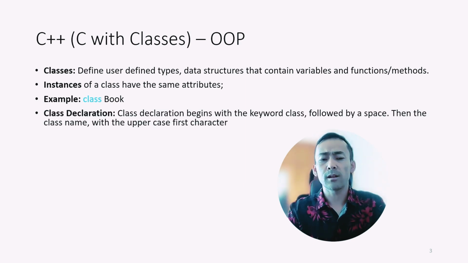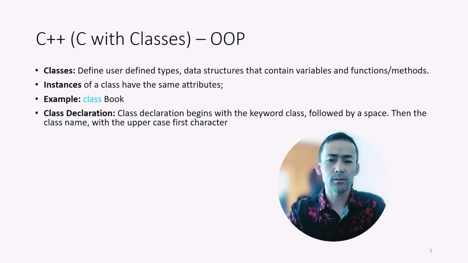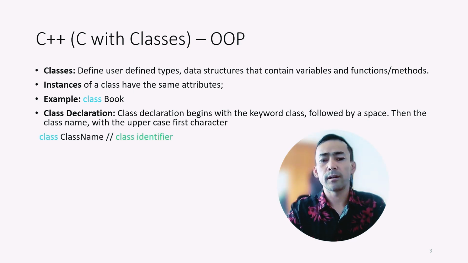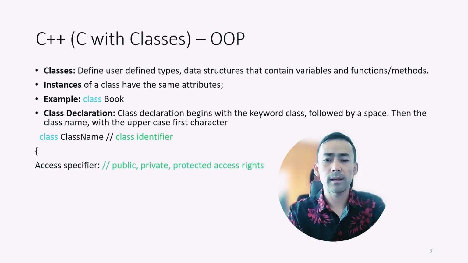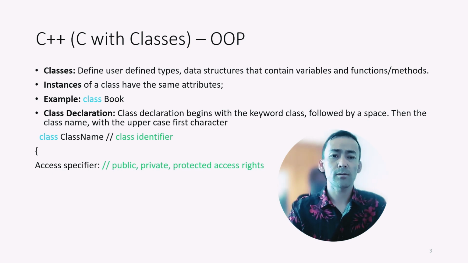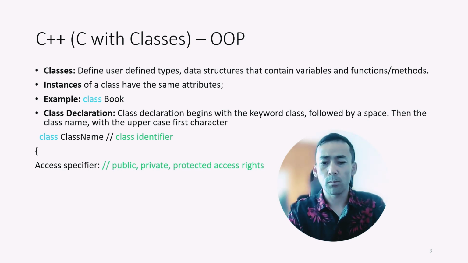How do we declare a class? First we write the class name after the keyword class and a space. The class name starts with an uppercase character, and then we have curly braces and access specifiers, where we have three types of specifiers: public, private, and protected.